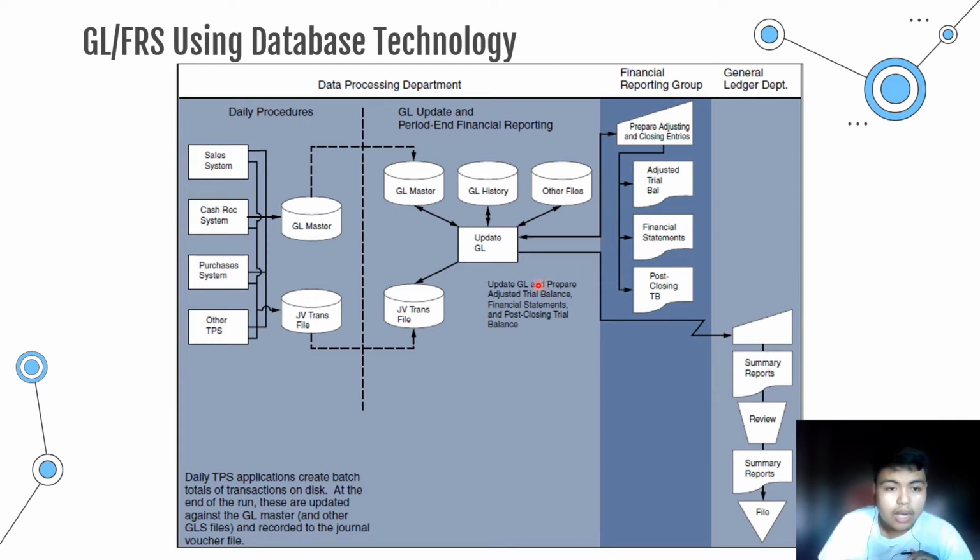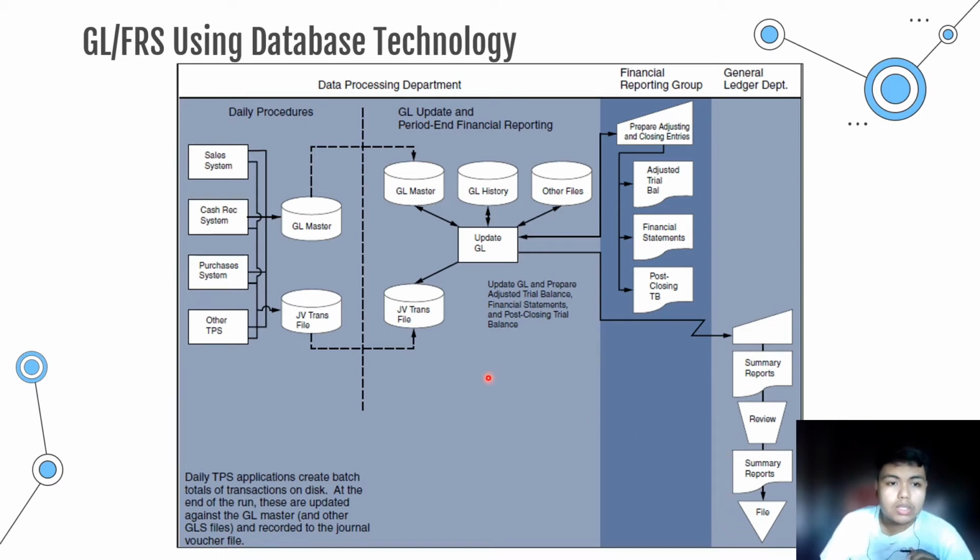So, yung mga journal vouchers na ginamit mapapapunta sa journal transaction file or yung any updates sa journal transaction file, and yung updated general ledger would create summary reports, it would be reviewed, and the file.